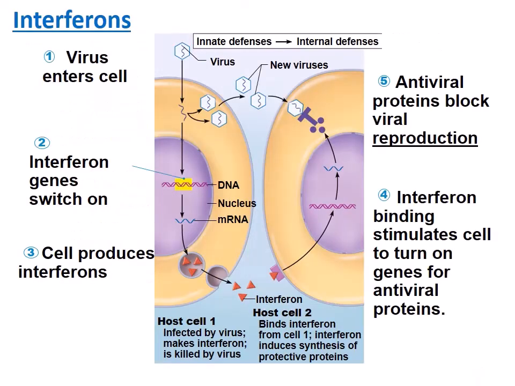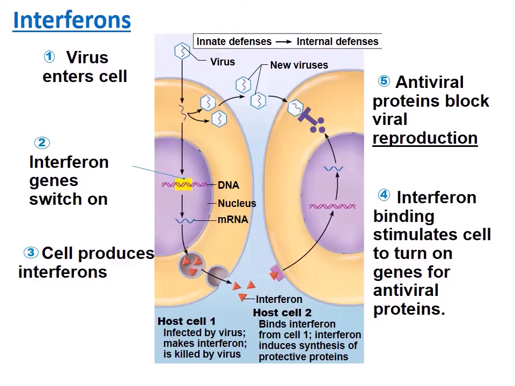So this picture is showing you interferons. Basically what happens here is the virus is going to enter a cell and uncoat and start making copies of itself, but that also switches on an interferon gene. And so the cell, it's still going to produce virus particles, but the cell also produces interferons. You can see the little triangles there at the bottom of the screen are the interferons.